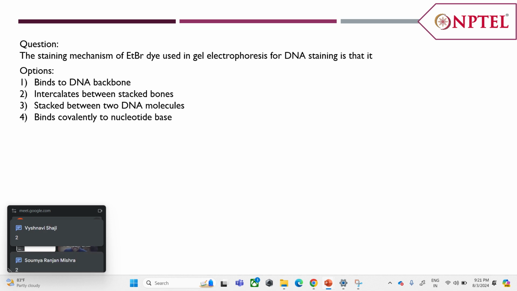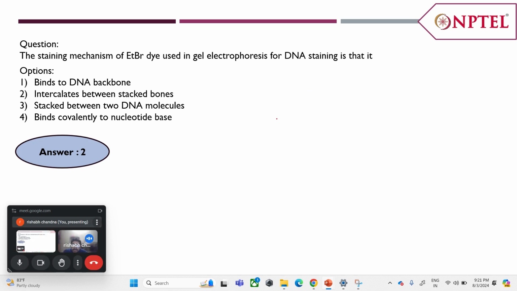So yes, the correct answer is it intercalates between two stacked bases, so for example, this is a DNA molecule and it is stacked between these particular bases. Sometimes that is why it leads to mutations in the DNA also. And it changes the radius of the minor and the major groove of the DNA, that has been reported.